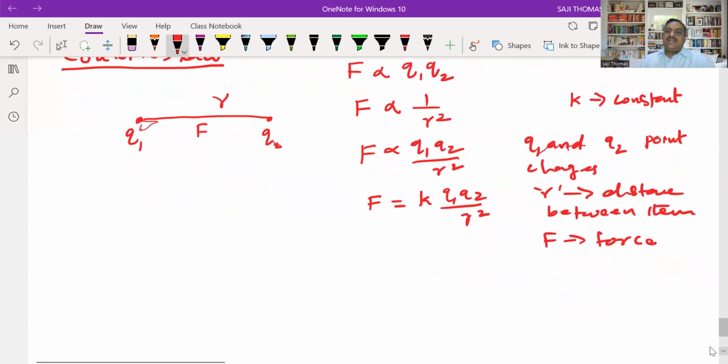Suppose the charges are placed in vacuum or air. Then the constant is given by 1 by 4 pi epsilon 0. This epsilon 0 is known as the permittivity of the air or vacuum.